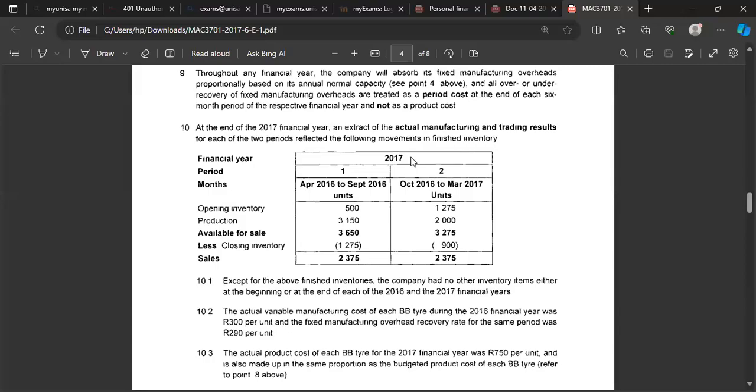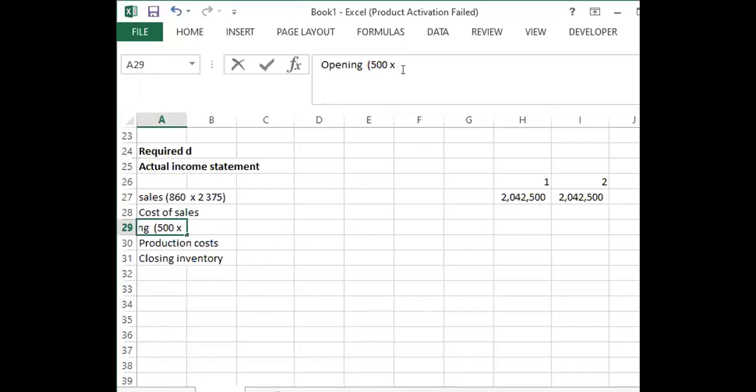If you'd like to show that, you can simply show it as 290 plus 300.